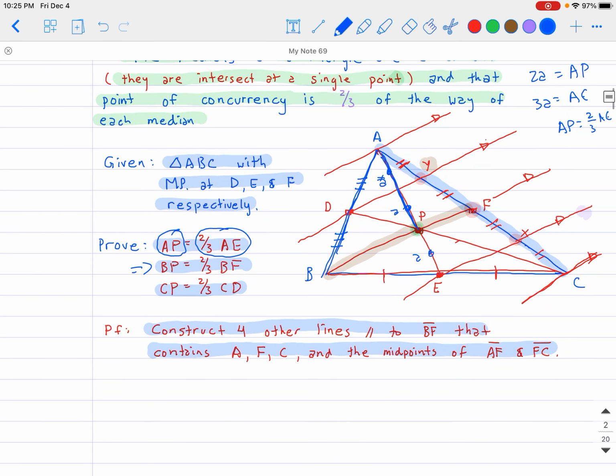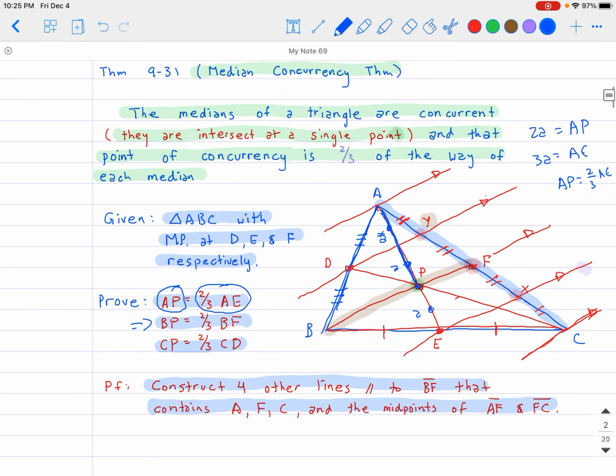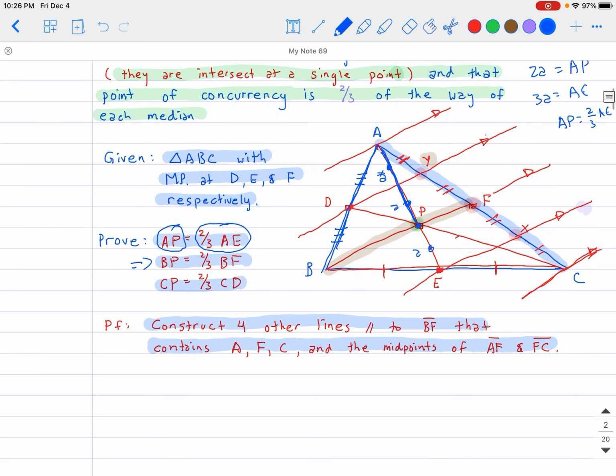Okay. Now, this point of concurrency right here is actually pretty special, because it turns out, and this is something that your physics teacher will hopefully show you someday, that this point is what is known as the center of mass, also known as the centroid.